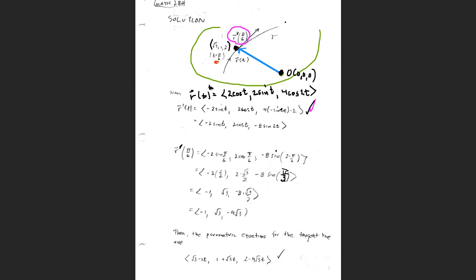Wait, I'm sorry. Why is z multiplied by 2? Oh, that's the chain rule. The derivative of the cosine of 2t is, let me just write it out. So what's the derivative of the cosine?